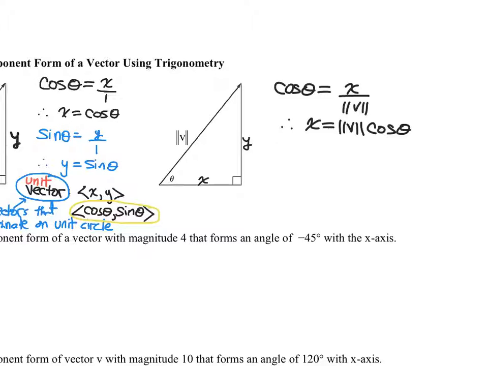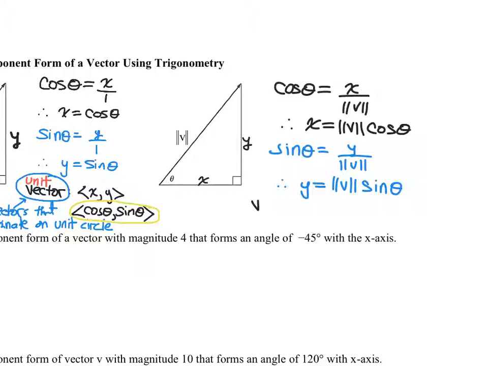Then if I do the same thing with sine of theta is equal to y over the magnitude of v. Again, SOHCAHTOA, it's all SOHCAHTOA. Y is equal to the magnitude of v times the sine of theta. And so this would not be a unit vector. This is just any vector.